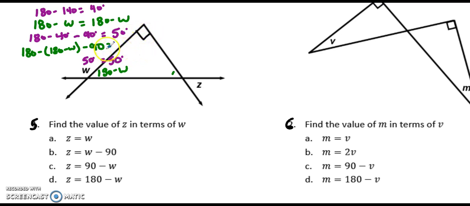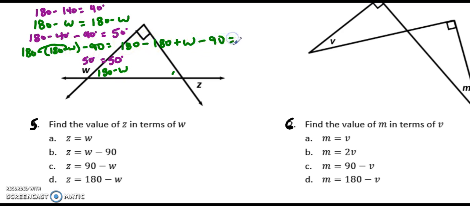And what do I get here? Well, this is strange now. I have to distribute this negative into the 180 minus W to get 180 minus 180 plus W, because remember, negative times negative is a positive, minus 90.